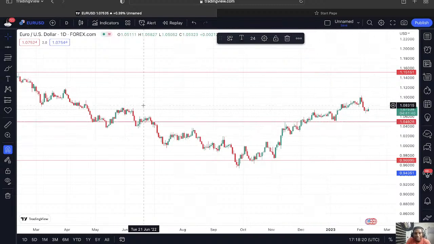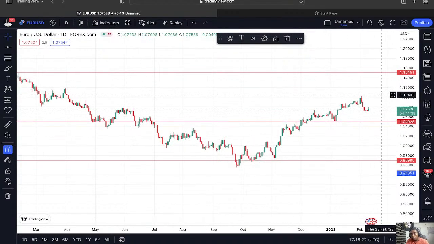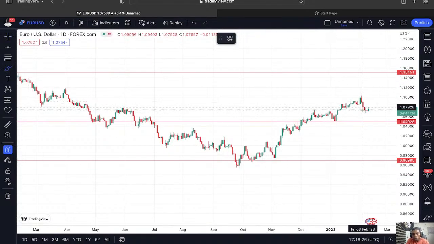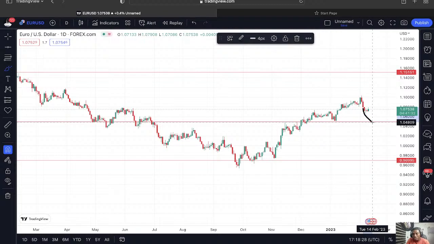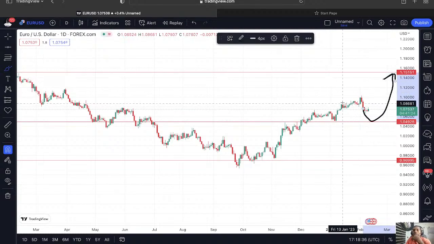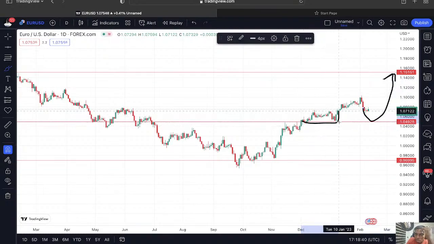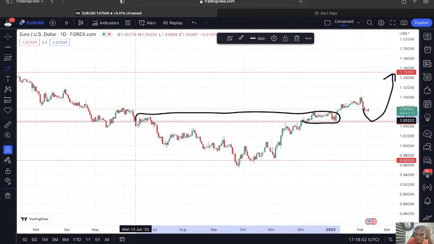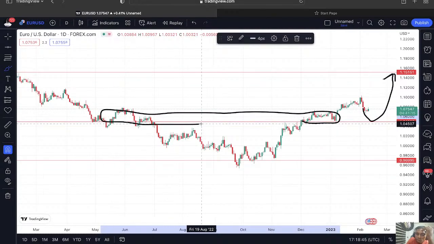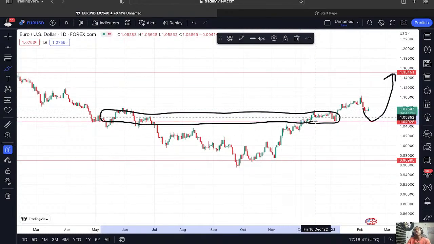So when we look at this now, it's giving us a very clear picture that price is looking at testing this region before pushing back up. Because if you look at it now, this region was the breakout level, right? So price would still want to check the strength of that breakout level.